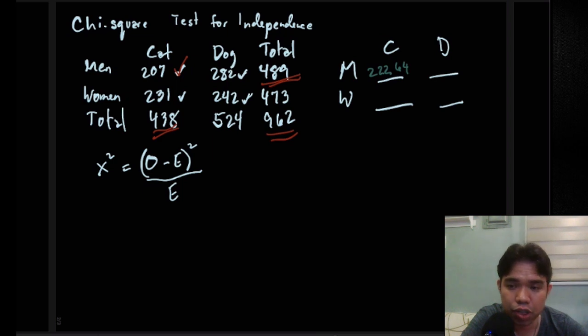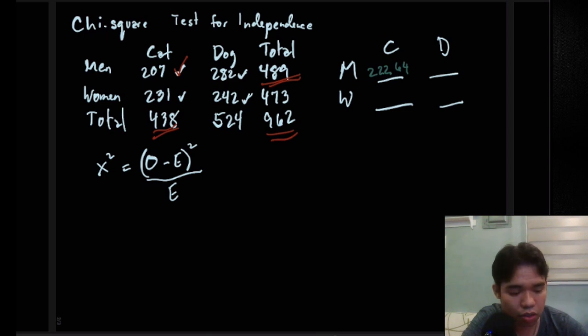If the observed differs from expected, there is an imbalance. Maybe many women prefer cats and many men prefer dogs. That means there is a relationship, and you can conclude something out of that.